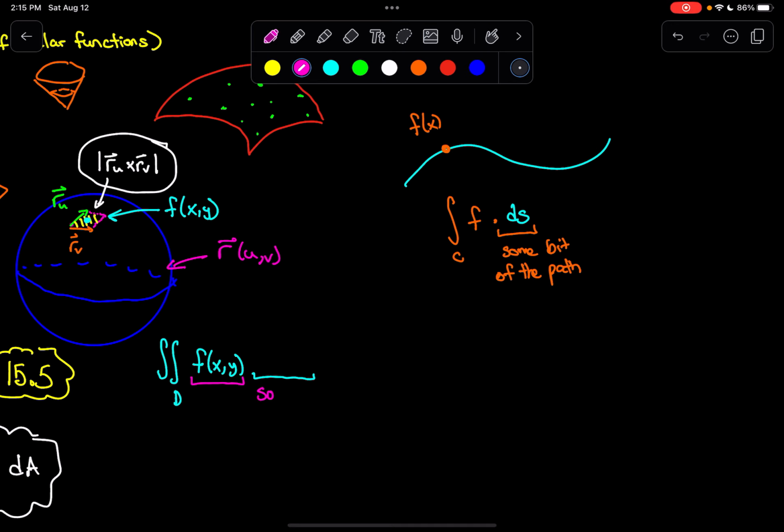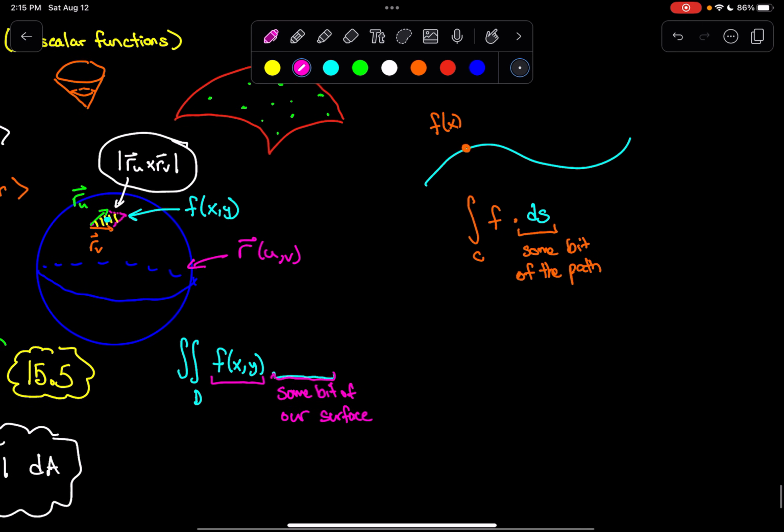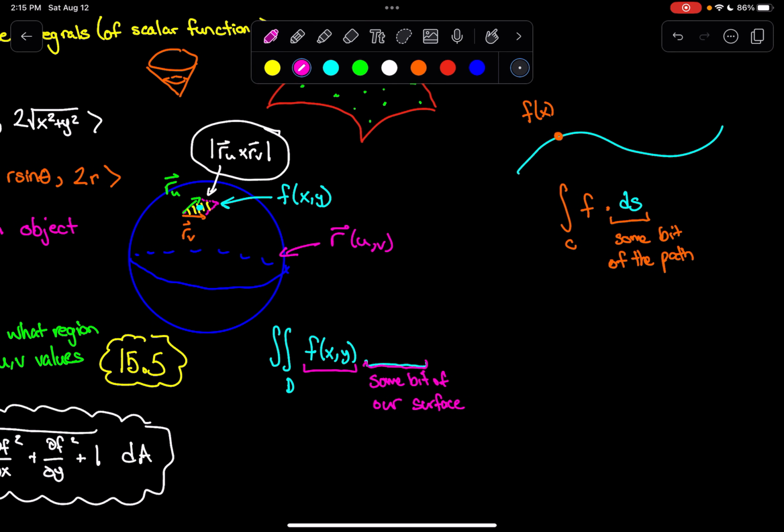So this second bit right here is some bit of our surface. Hopefully that should make sense.